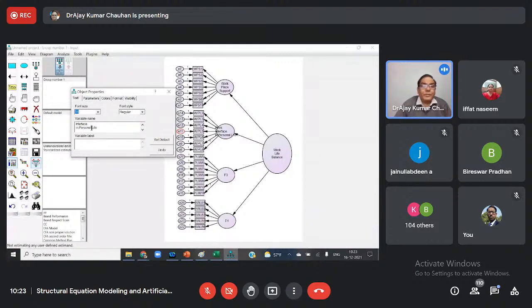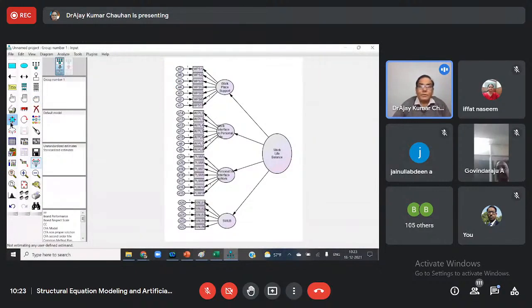Work interface in personal life. This is personal life interface in work. And this is something support. I forget the full form, so just write SWLB. Now my construct and model is ready.